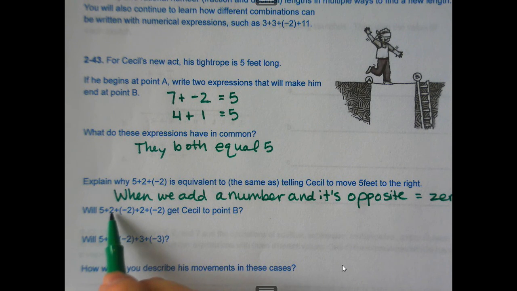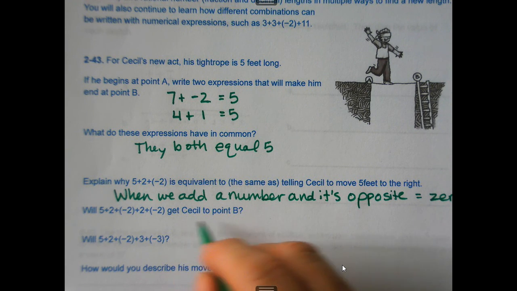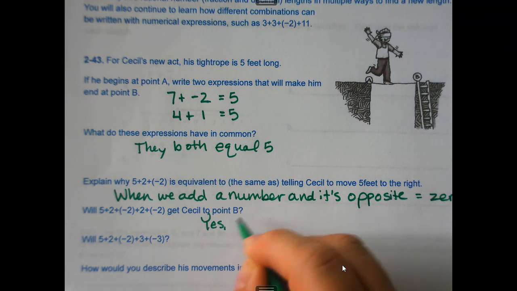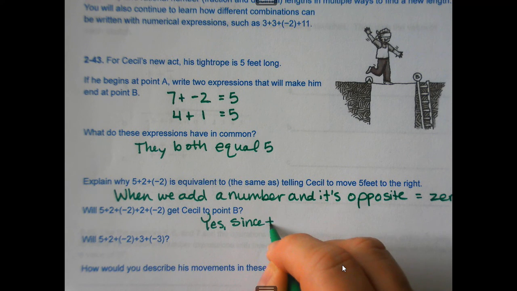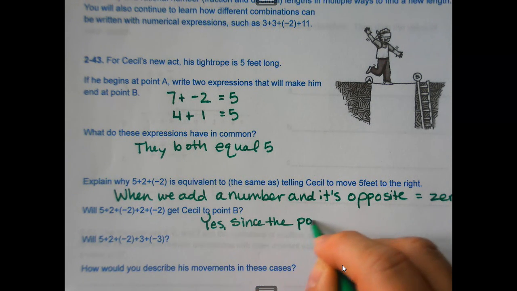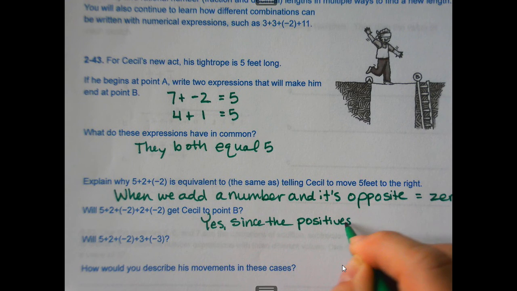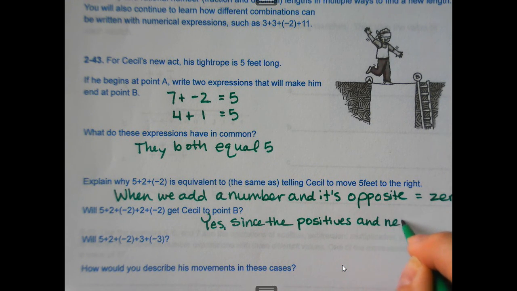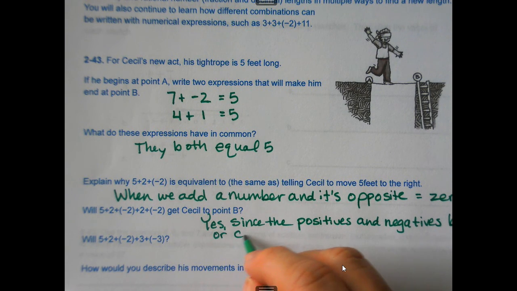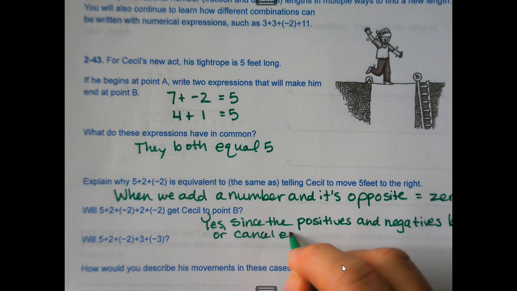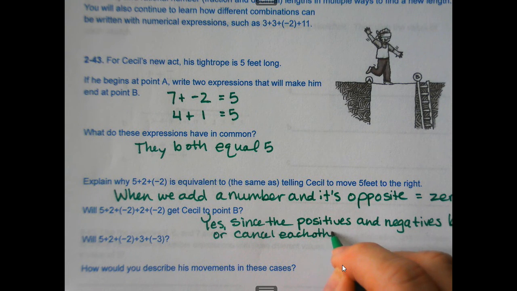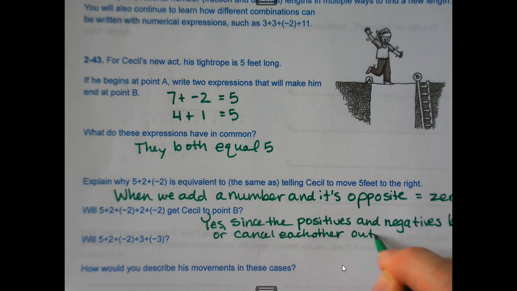Will 5 plus 2 plus negative 2 plus 2 plus negative 2 get Cecil to point B? Yes, since the positives and negatives balance or cancel each other out.